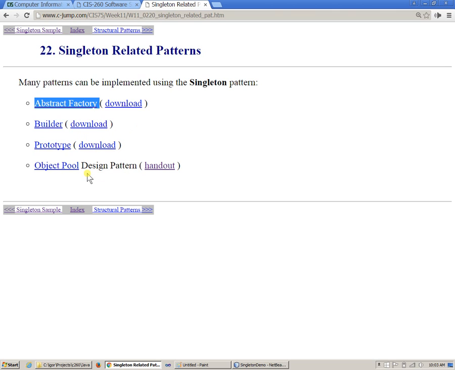And the next design pattern that I would like to explore, possibly today or possibly next week, is the object pool.